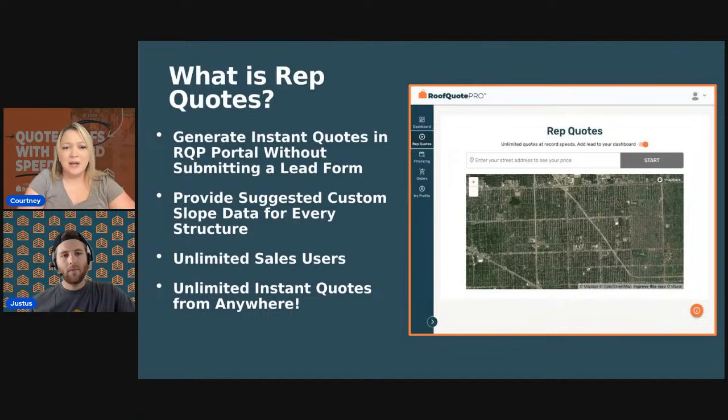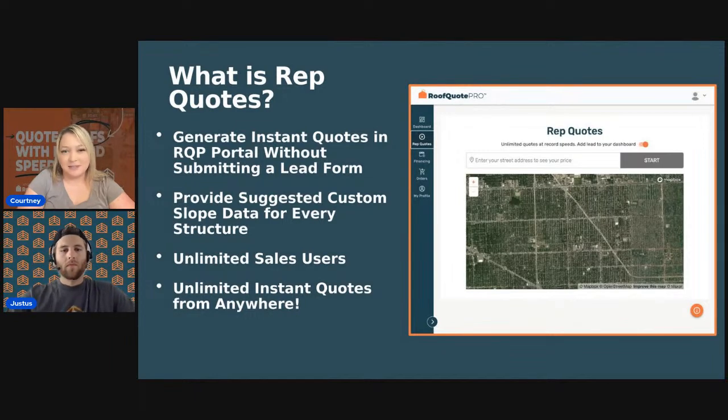Absolutely. So what is RepQuotes? The beautiful piece about RepQuotes is it's right in the portal. You can generate instant quotes in the RepQuote portal without submitting a lead form. There are a lot of different reasons why this would be awesome to have. A lot of it could be attention grabbing for customers. It also provides suggested custom slope data for every structure.